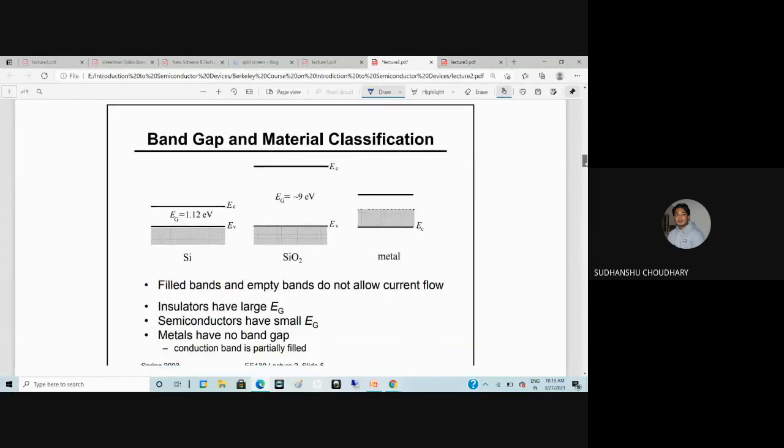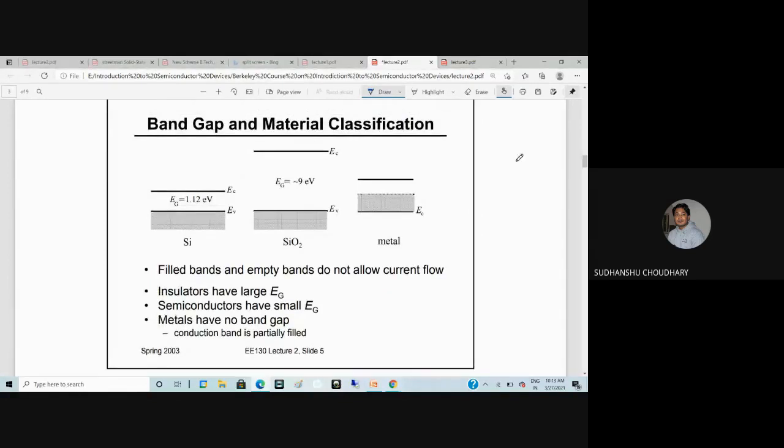Some time back, I think two lectures back, we had also discussed how to identify the material on the basis of band gap, that is, how to classify material based on the band gap.